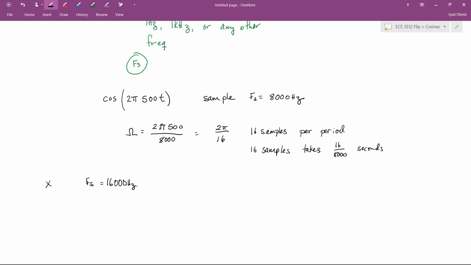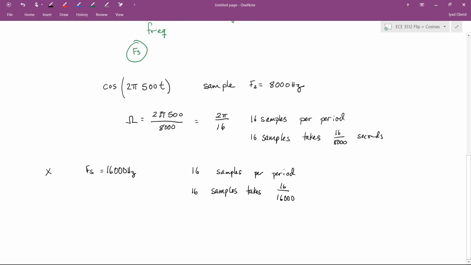Well, in this case, X still has 16 samples per period because X hasn't changed. But now, because I'm using the wrong sampling frequency, 16 samples, or one period, takes 16 over 16,000 seconds. Each sample takes 1 over 16,000 seconds. 16 of them take 16 over 16,000.